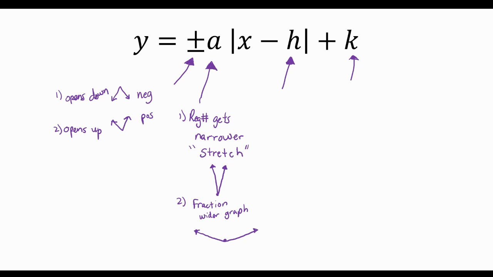That's not the best vertex. There we go. And then this would be called a shrink. So if the A number is a regular number like a 3 or a 4 or a 7, it gets narrower; if it's a fraction number like 1/2 or 2/3, then it gets wider.